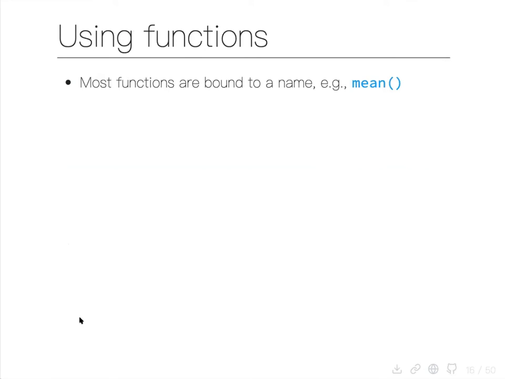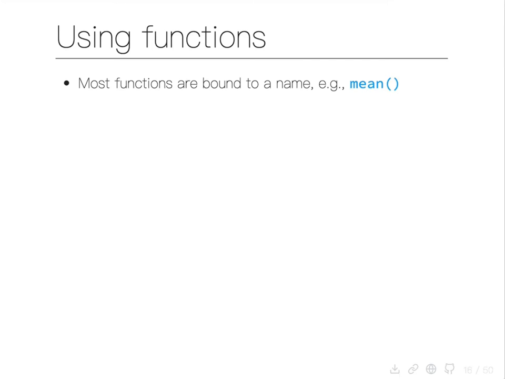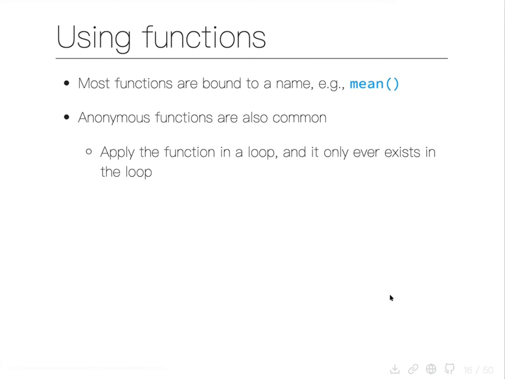Okay. Most functions are bound to a name, right? So the function mean, we could look at that function and we can see the body of that function, but we call that function by actually typing mean, right? And that's because that function is bound to the name mean. Anonymous functions are also common, so we saw examples of those earlier when you write function x or whatever and you're using a loop.